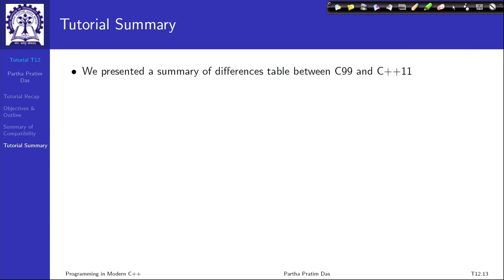So, what we have done is we have summarized in a very brief couple of slides all the significant differences between C99 and C++11 primarily. At times we have digressed to C89 or to C++03 or even C++2x, and certainly many of these are very important to remember, and some of these are not so frequently occurring.